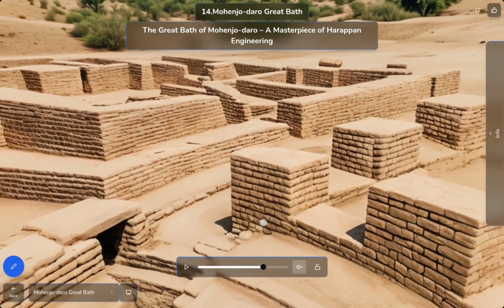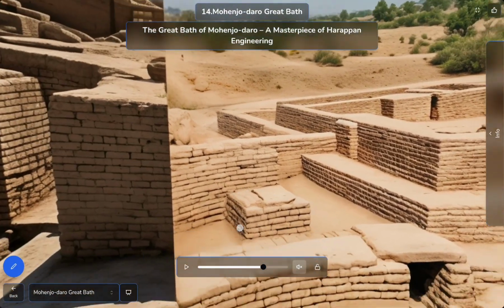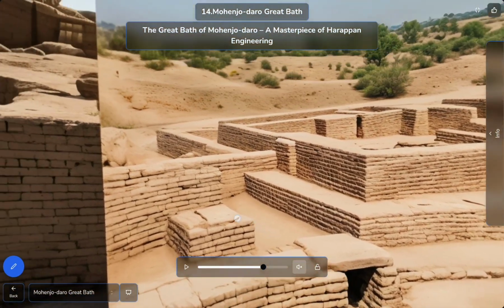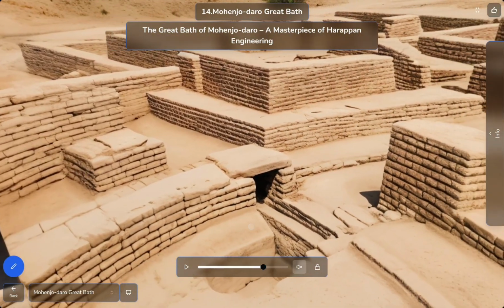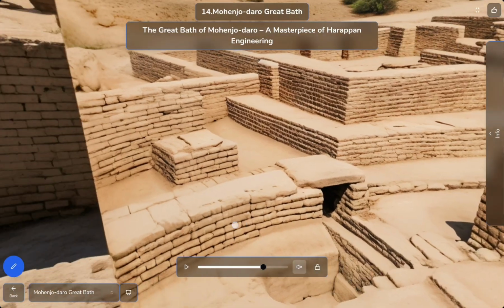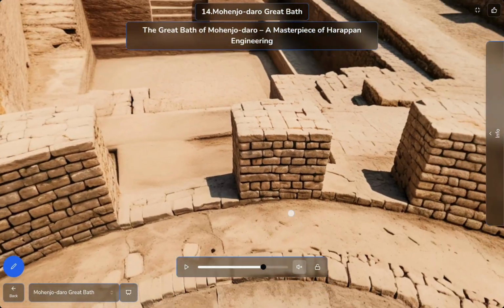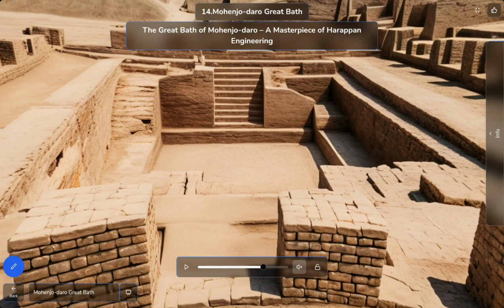So, children, as you can see here, the Great Bath is one of the most famous structures of the ancient city Mohenjo-daro, which belongs to the Indus Valley Civilization. It shows the advanced engineering and cleanliness practices of the people who lived around 2500 BCE. Let us just look at this Great Bath. You can see a swimming pool pattern here on the screen.